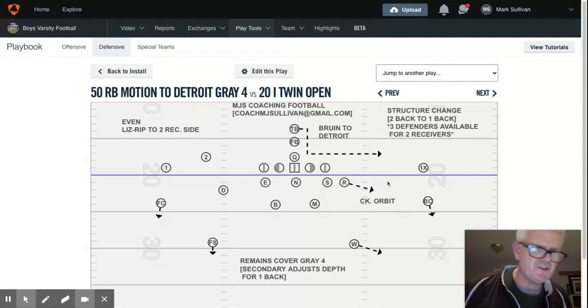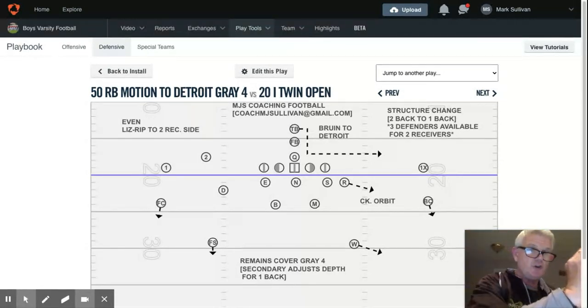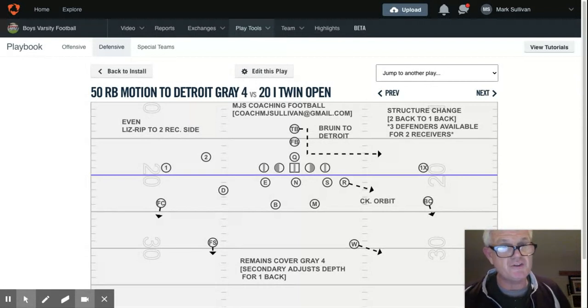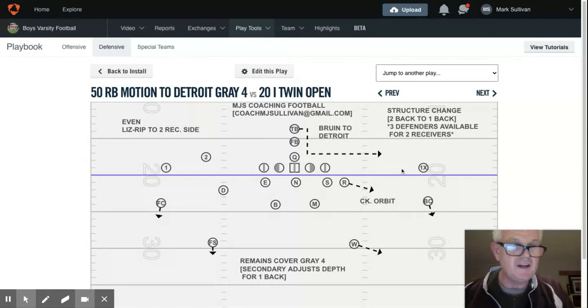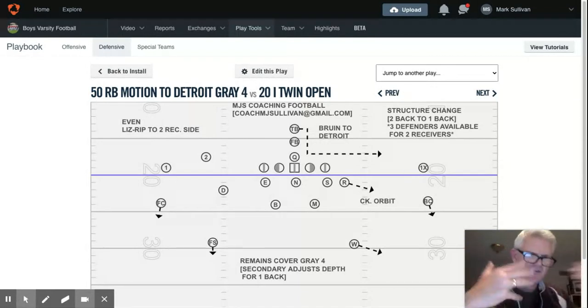Now 20 personnel, which is a new grouping: two running backs, no tight end, so it's a three wide receiver grouping. But follow the two back rules. The two receiver side is the Liz or Rip side, so in this case it's a Liz. We have a brewing, and since the running back is going to the single receiver side, it is now a 2x2, and in our 10 formations it's still 20 personnel.